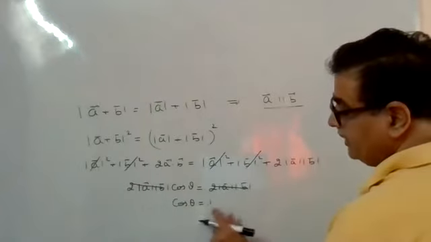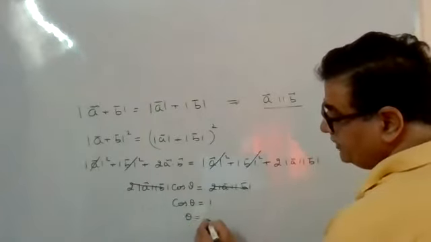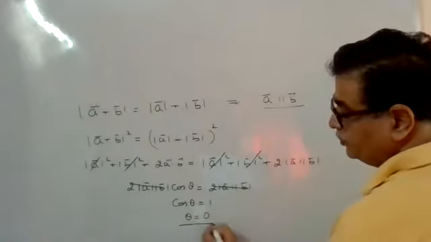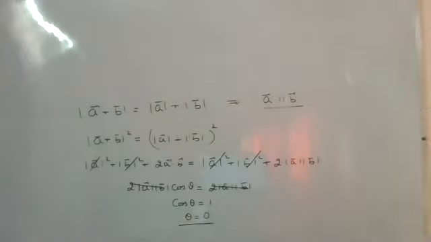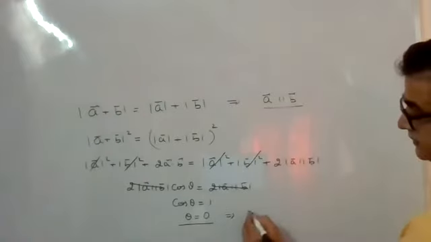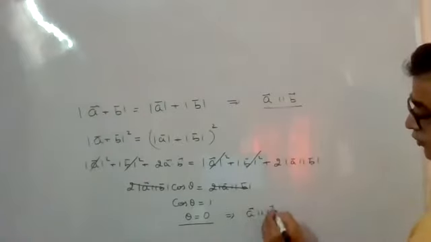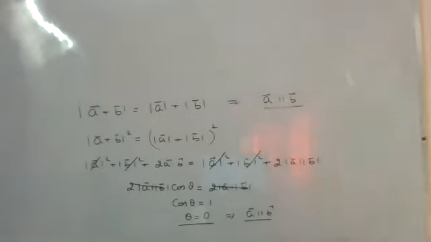And as cos theta is 1, theta is 0. And if theta is 0, they are parallel vectors. This implies vector A is parallel to B. Next question right now, please.